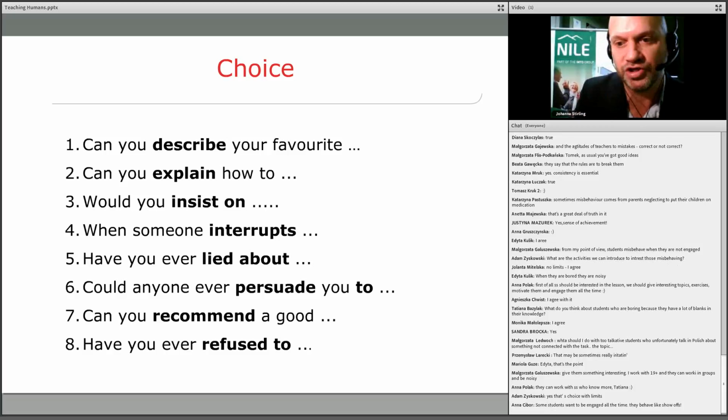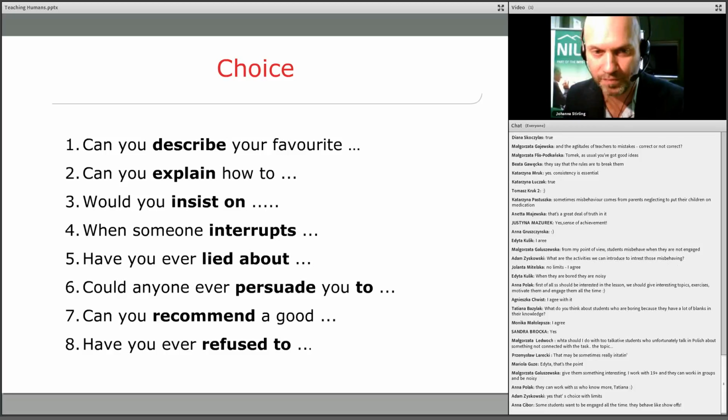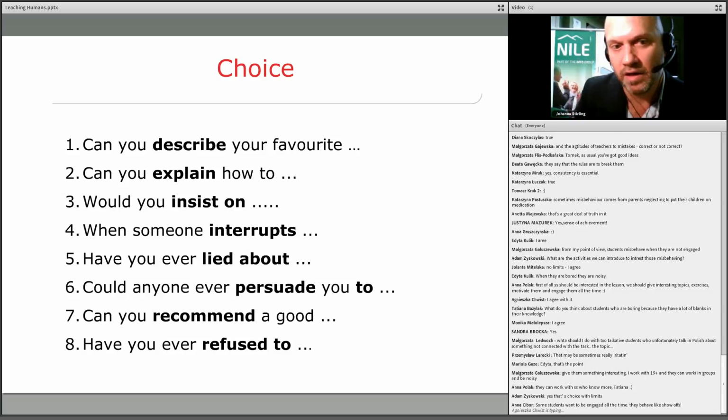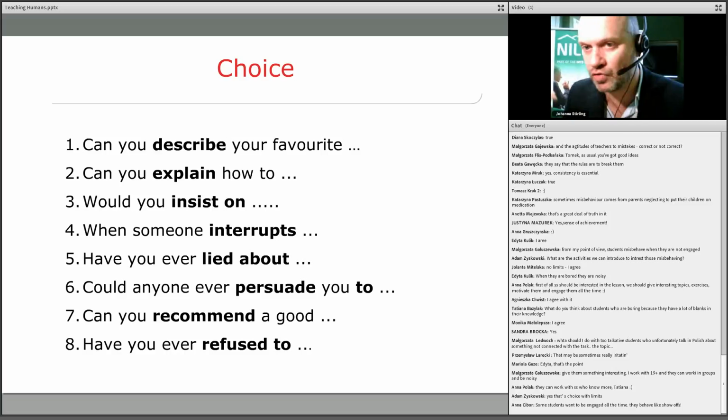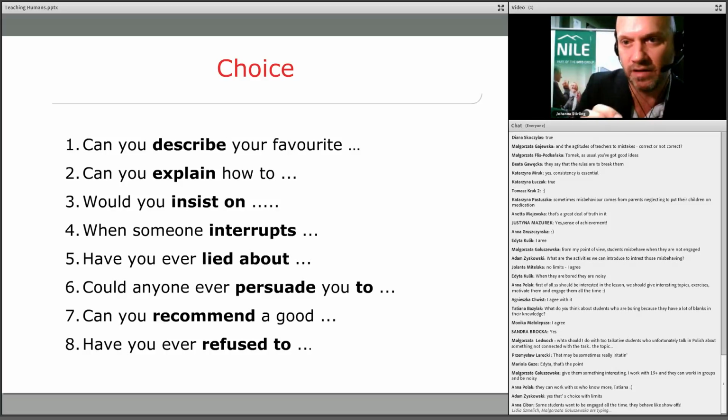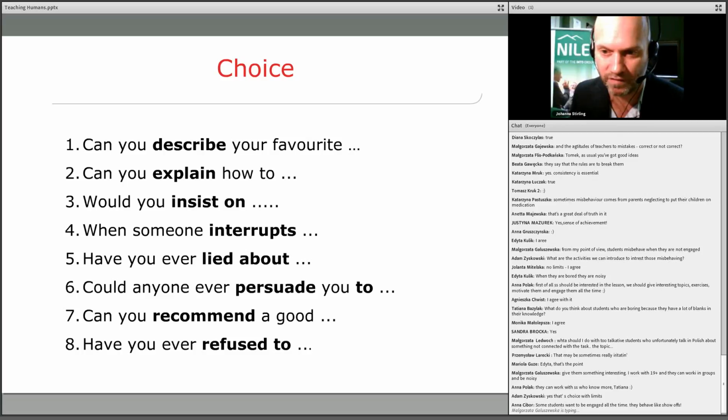So the student gets to finish the question with their own topic. So can you describe your favorite sport? Can you explain how to play a video game? They can choose what topics they're going to talk on, or write on, or discuss, right?